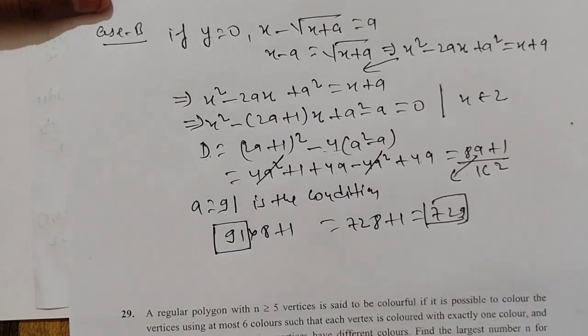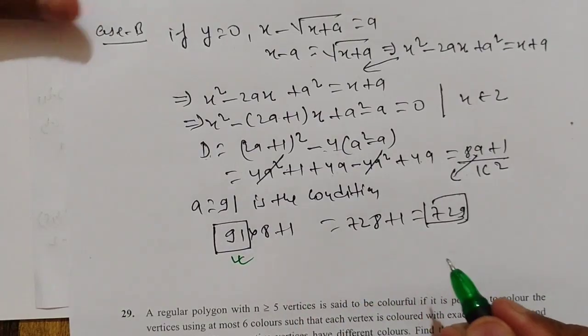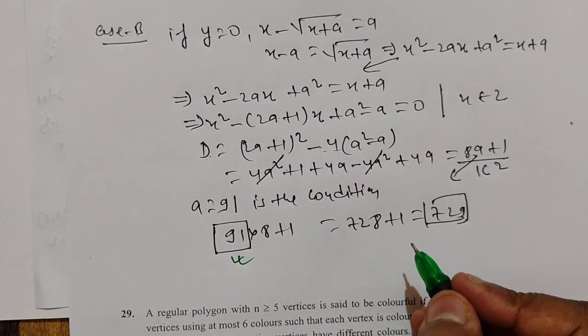So 91 is the largest possible value of a.